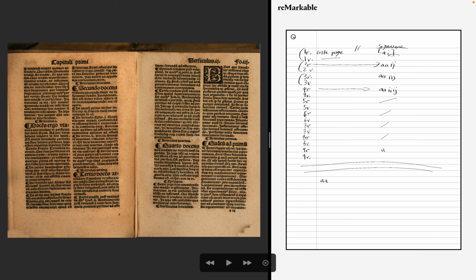This convention was pretty standard. It uses the Latin alphabet, which for our purposes does not include the letter J, the letter V, and the letter W.